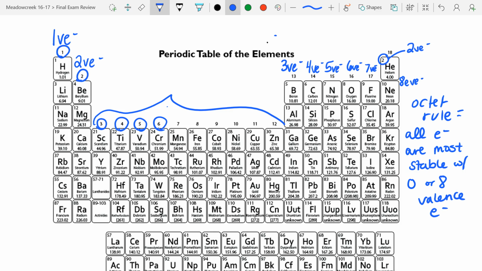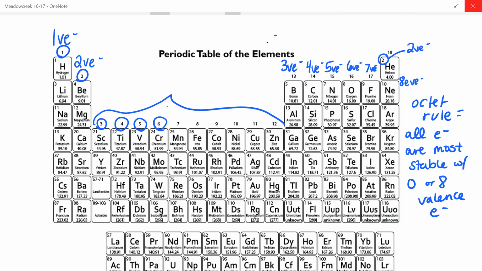They need that outer shell to be full. Stability is talking about how they will not react very much. They're just going to be very chill, very calm. Electrons are the most stable when they have 8 valence electrons, or they've lost all their electrons and now their inner shell is their valence shell, and it's essentially like they have 0 left in the outer shell that was previously occupied.